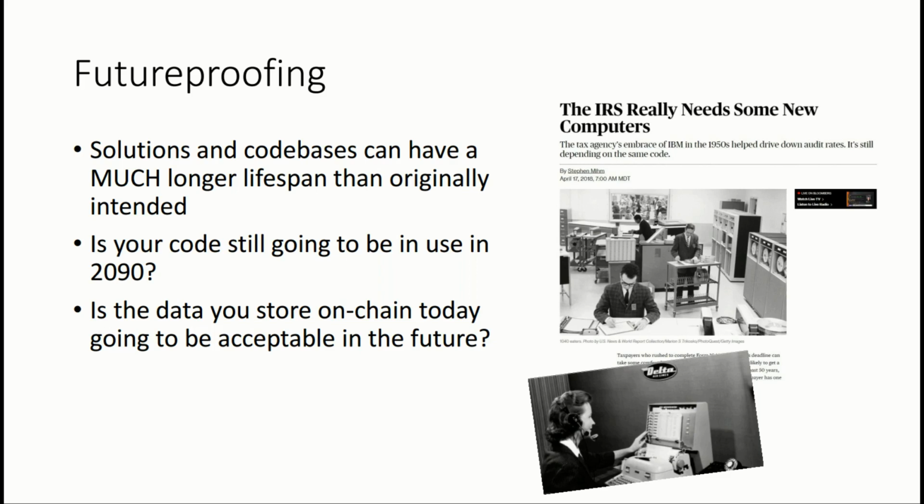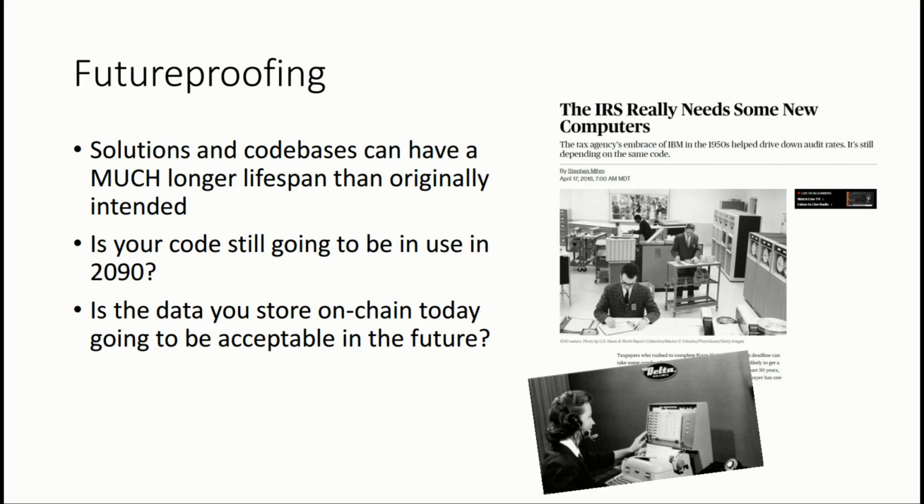Insurance companies are exactly the same way. Many of their most critical systems and code bases are decades old and cannot be adjusted or touched because all the expertise around that code base has simply left the market a long time ago. So it's not crazy to think about things like, hey, is the solution that we're designing and coding today still going to be used come turn of the century in 2080, 2090, in the year 2100?